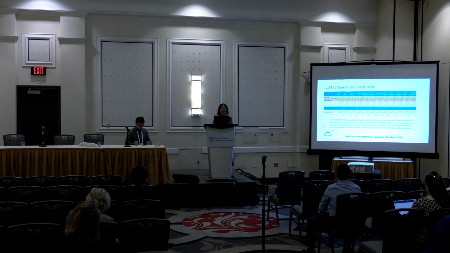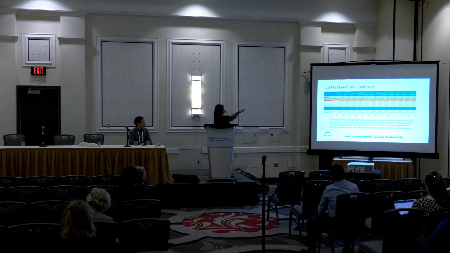The baseline sensitivity was established by running a brand new column. Then this is my observed intensity for each of my internal standards, and the observed noise for each internal standard. Intensity divided by noise is the observed sensitivity for my internal standard.